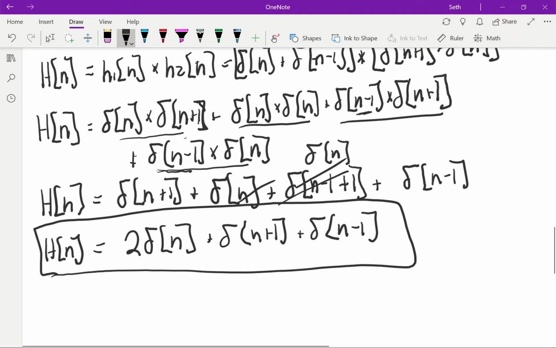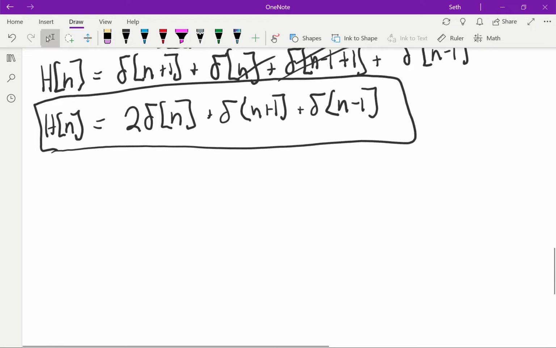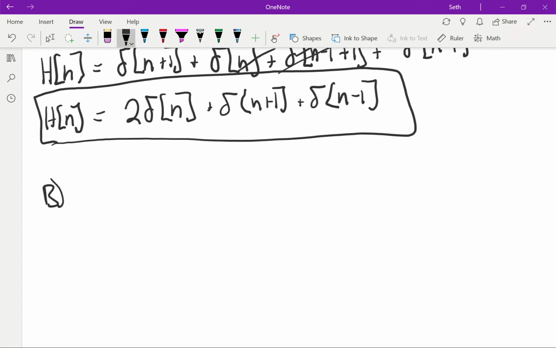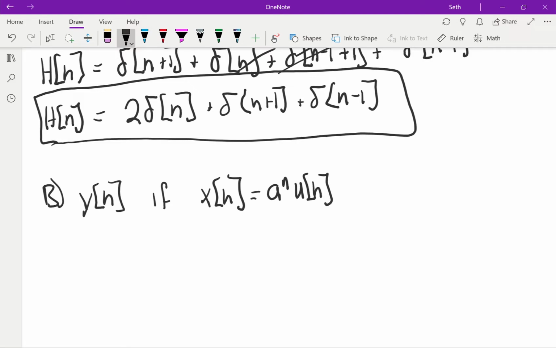Okay, let's move on to part B. Part B asks us to find the output y of n if x of n is equal to a to the n times u of n, and a is between 0 and 1.